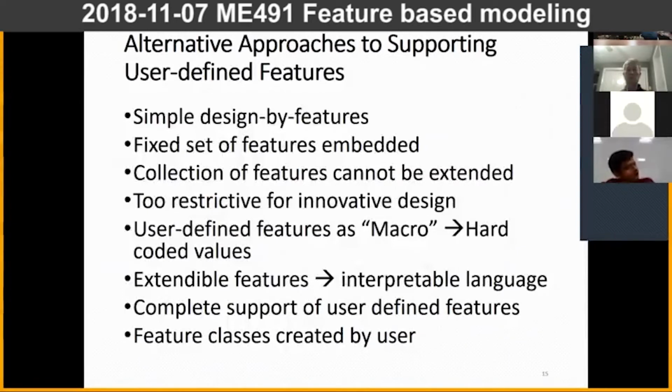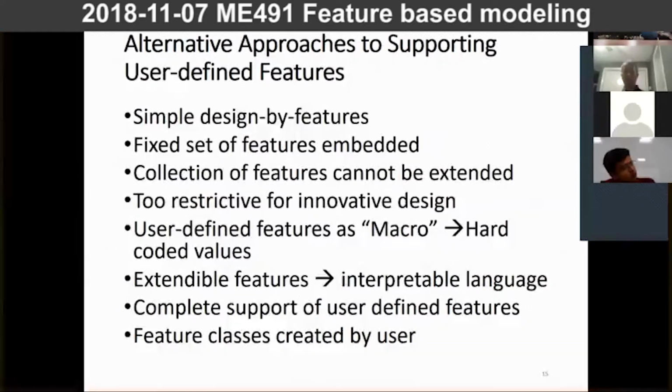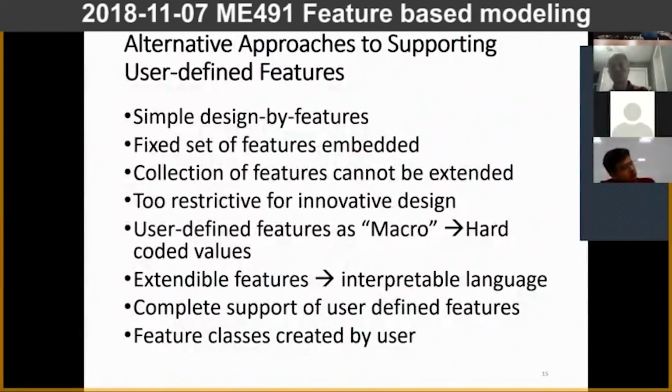When a simple design by feature system is used, it is fixed and the collection of features cannot be extended. It is very restrictive and it is not good for an innovative design. Whereas user-defined features such as macros have hard-coded values which you can change. And extendable features are based on an interpretable language, and for a complete support of user-defined features, the user has to define the feature class.